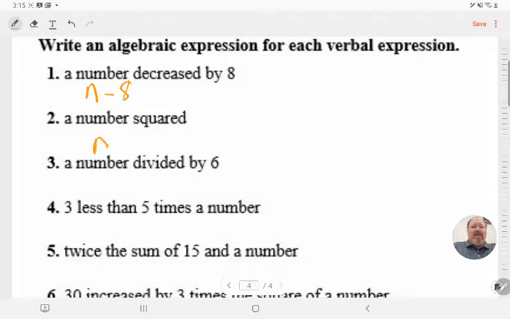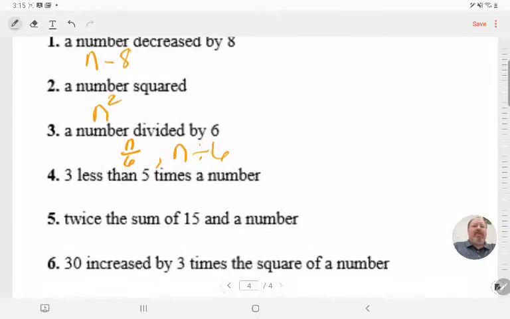I could just say n squared. That would be a number squared. Number 3, a number divided by 6. I could say a number divided by 6 is n over 6. Either way would work. All right.